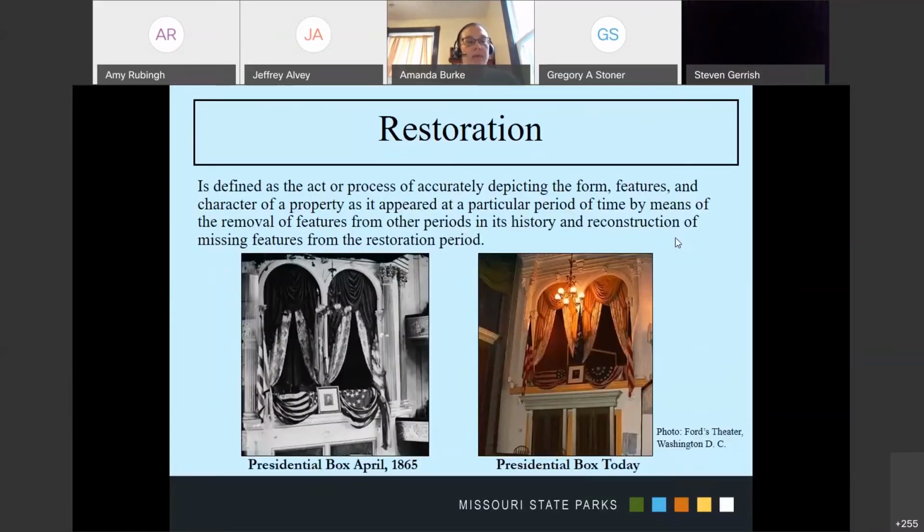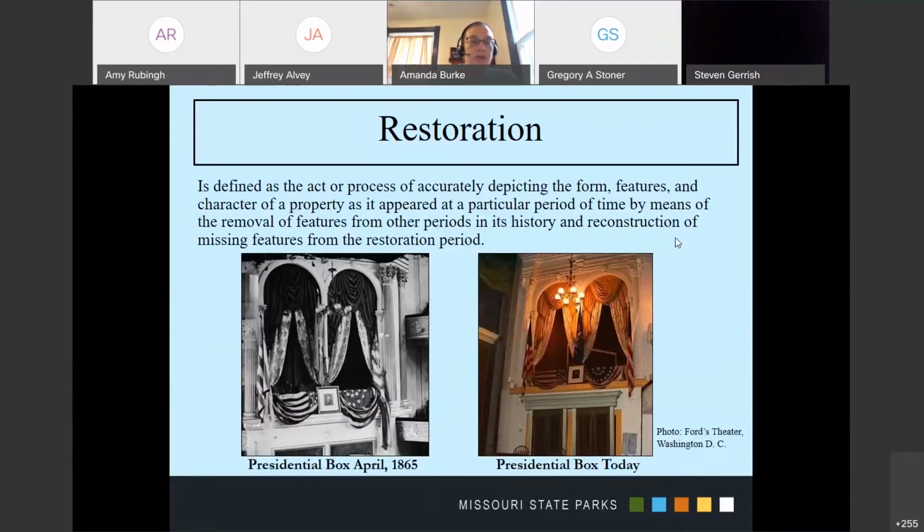So another standard that we have is restoration. And this is when we want to go to a particular period in time. Things have happened between now and when a particular event happened, but you might want to restore the look of a property to a certain period. Sometimes it's a particular time, like the example here at Ford's Theater.